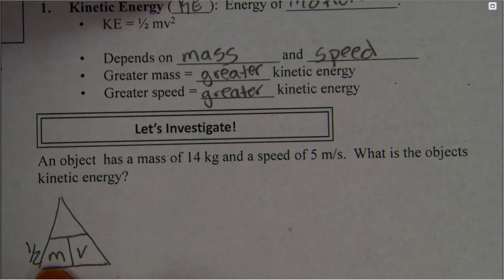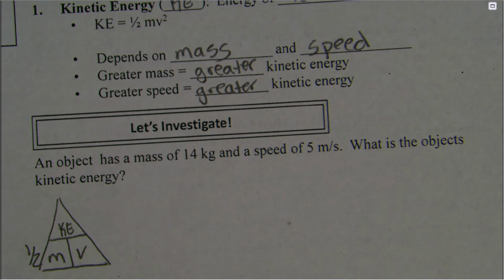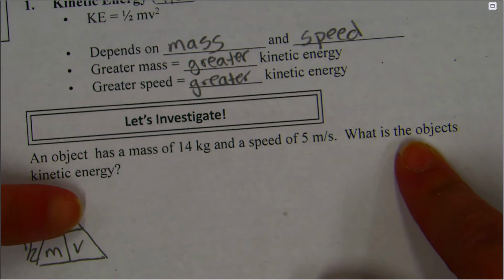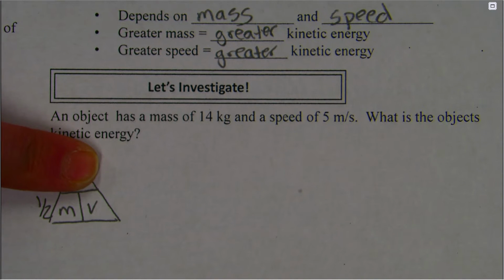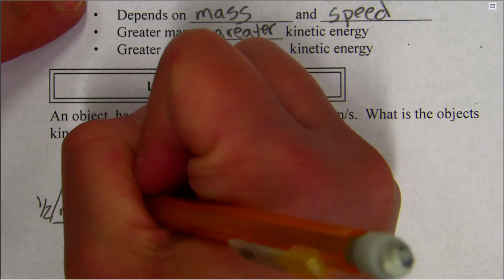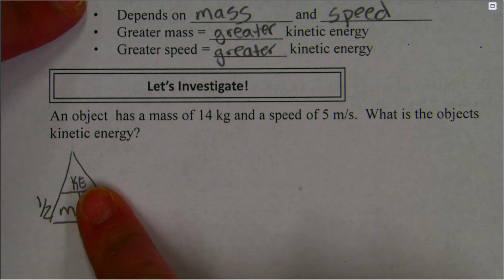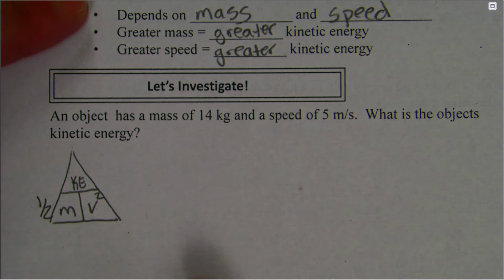And my kinetic energy goes on top here in the blank space. So what is my object's kinetic energy? I'm going to cover up kinetic energy in my triangle. If I was looking for velocity, which is squared, I'd cover up that. If I was looking for mass, I could cover up that, okay?